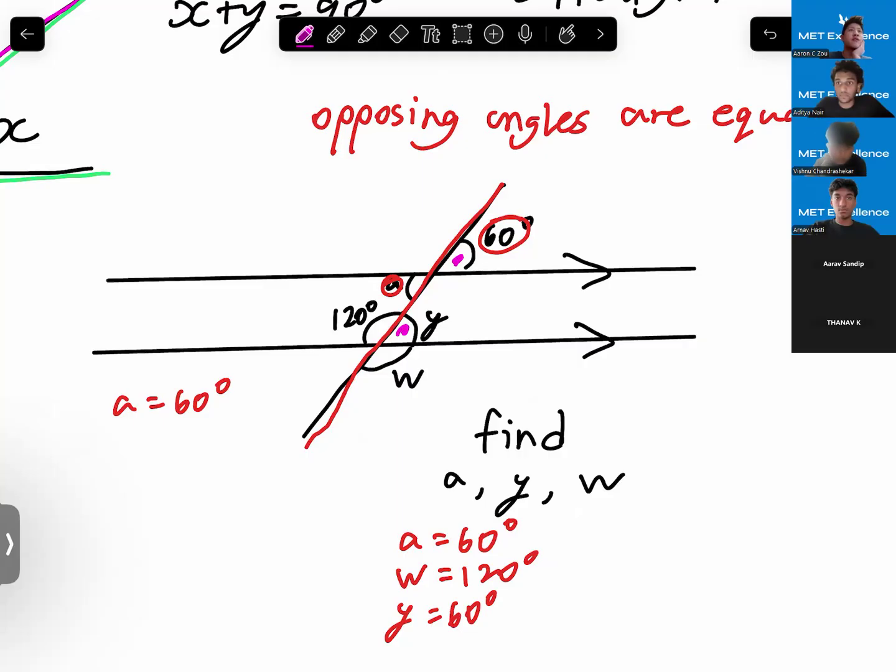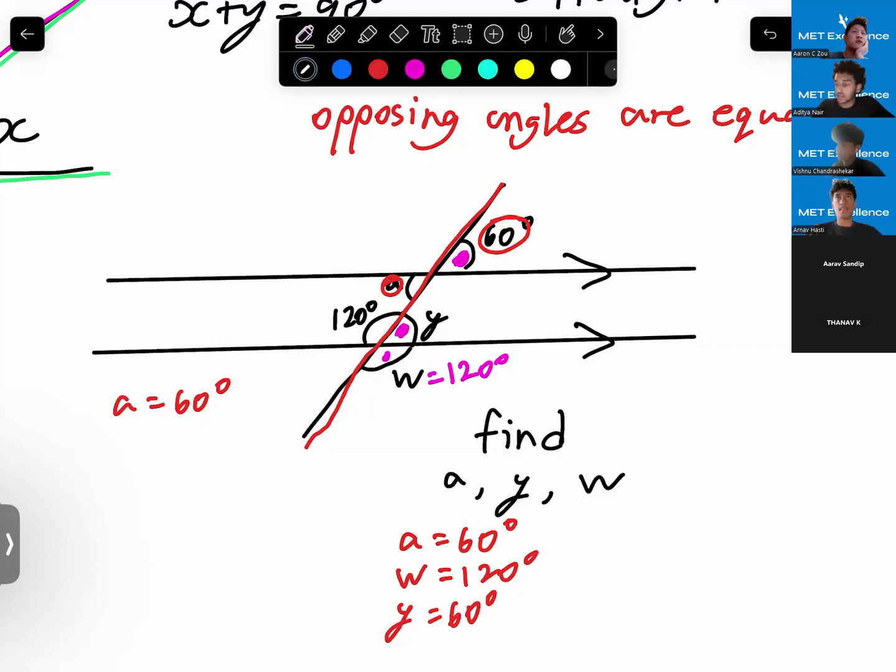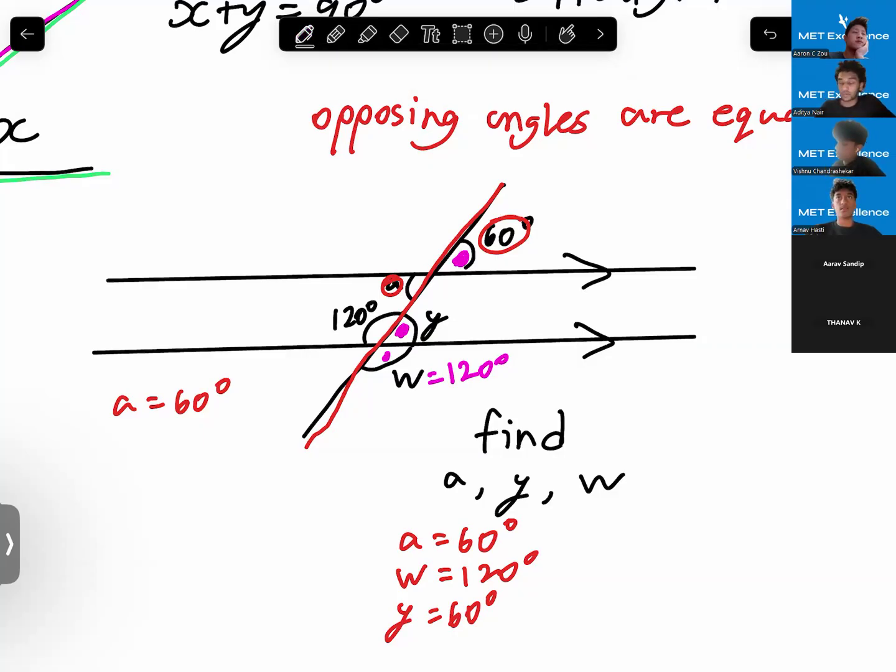Interior angles, yeah, you said interior. So the interior angles will always be equal. This one and this one are equal, but this one and this one are not equal. And here, we know that W is opposing 120, so W is also going to be 120. An easy way to check your work is that since these are both straight lines, this entire thing right here is going to be 180 degrees. Same down here, 180 degrees.